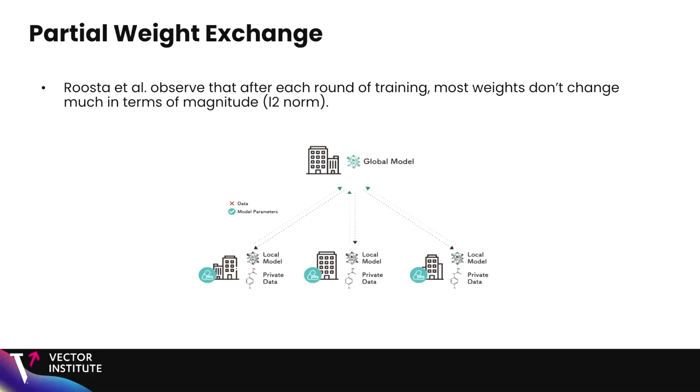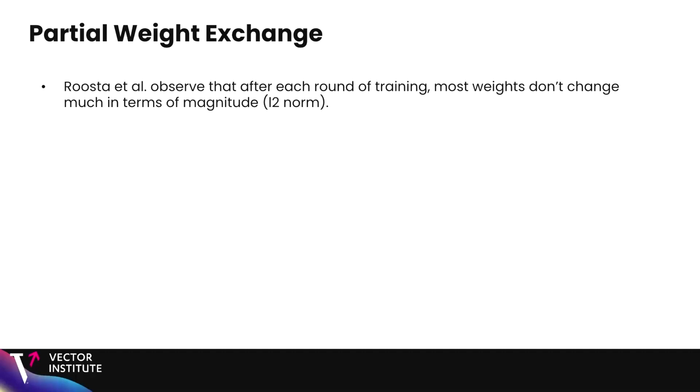They empirically observed that after each round of local training, most of the weights don't change too much in terms of magnitude. Recall that in federated learning, every client performs a certain number of epochs of local training before sending the parameters to the server. What they observed is that after local training, most of the weights don't change too much in terms of magnitude. However, there are weights that change a lot.